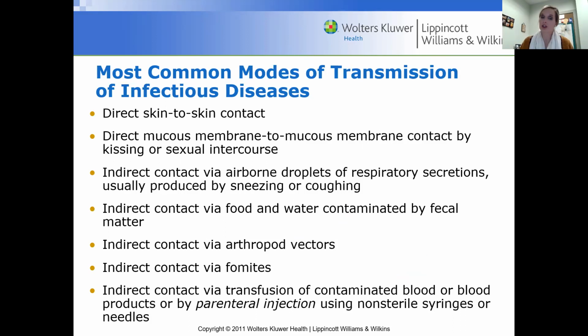So again, there's lots of different modes of transmission depending on the specific illness. Sometimes things cannot be spread depending on the disease. I'm going to use the example mononucleosis, for those of you who may remember what mono is. Mono is sometimes referred to as the kissing disease, but it can only be spread through mucous membrane to mucous membrane contact.